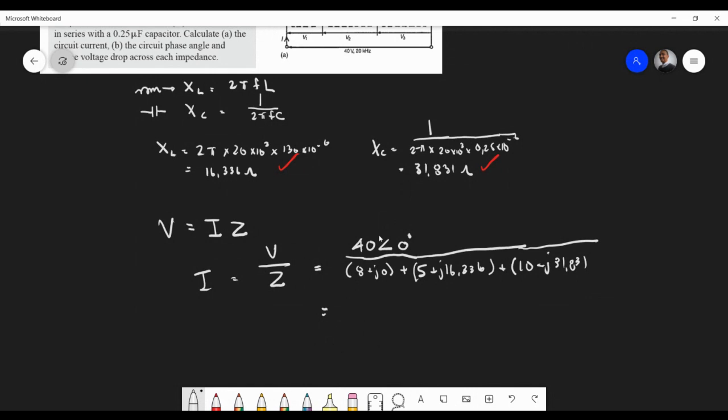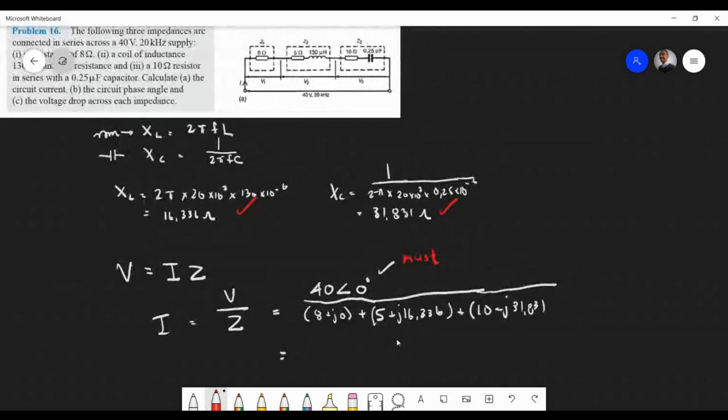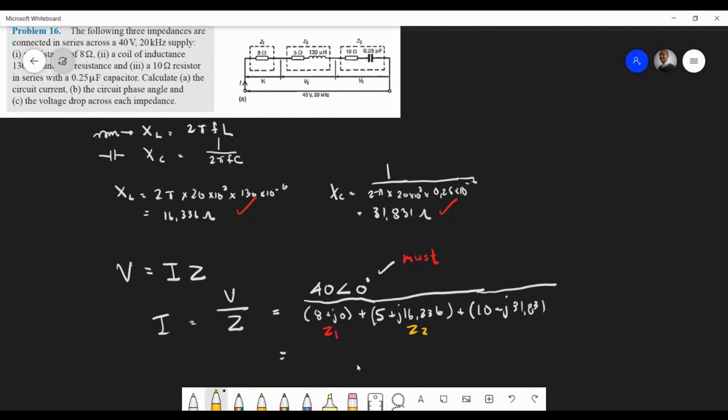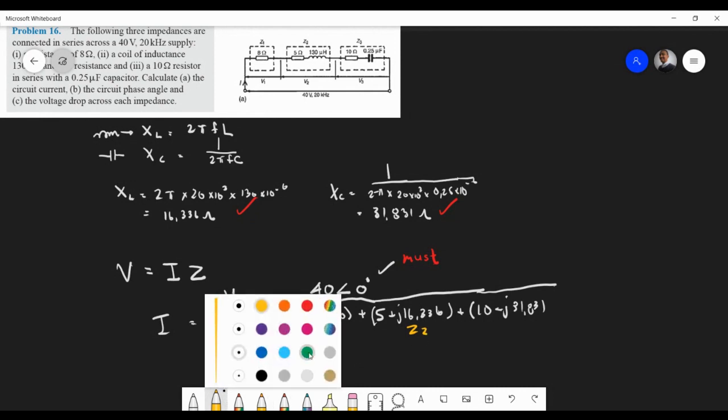So the way you want to do it is keep your voltage as is, but make sure it's always referenced at 0. This is a must, right? And then what we're doing is adding each individual impedance, or each individual resistor if you want to think about it that way. This is Z1, that is Z2, and this over here is Z3.